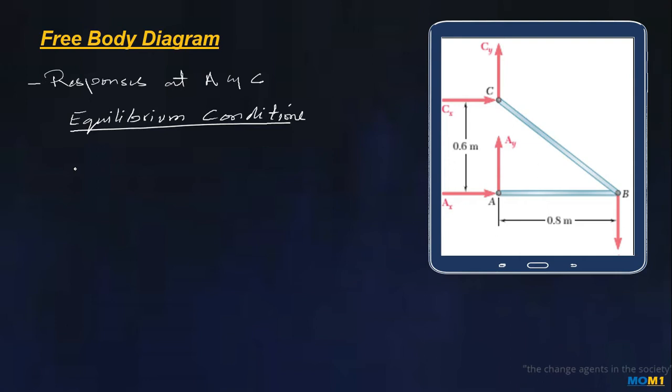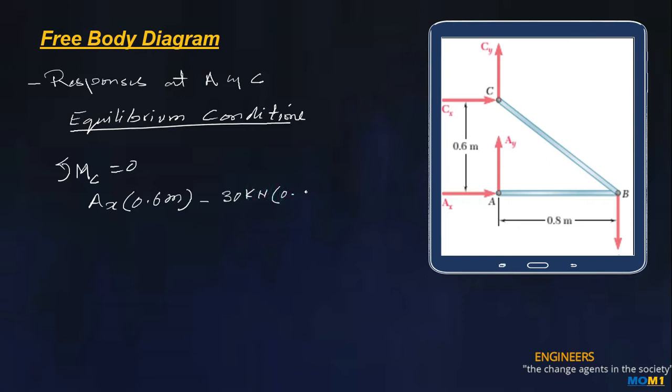First we take a moment about C. So we get that Ax into 0.6 meter minus 30 kilonewton into 0.8 meter.